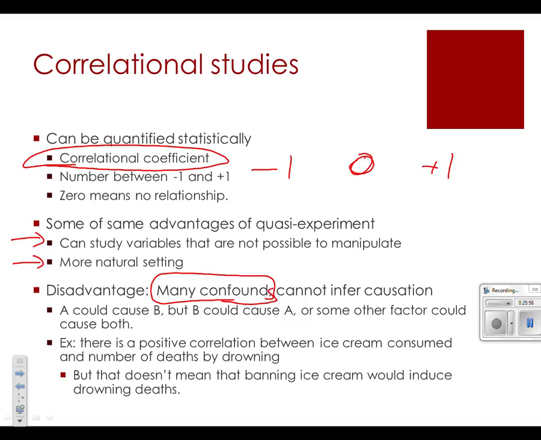An example like that sounds kind of silly, to think that yes, if we banned ice cream, we could stop drowning. But when you see correlational studies published in the media, you see people making this exact logical error.